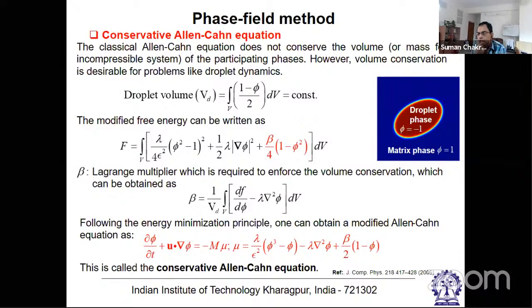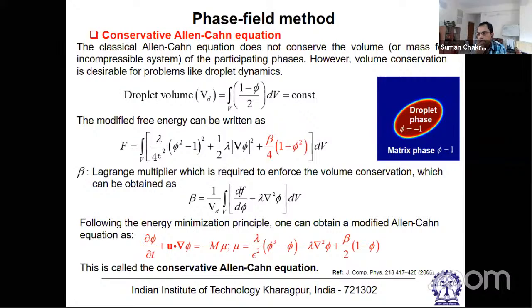So whatever solution we get, from that solution we can obtain the respective phases, and suddenly we can find that some phase has lost mass and some phase has gained mass, although they are not miscible.